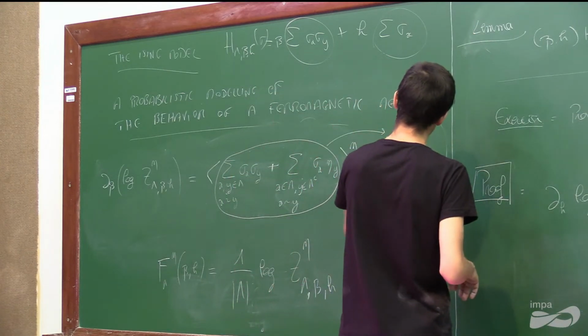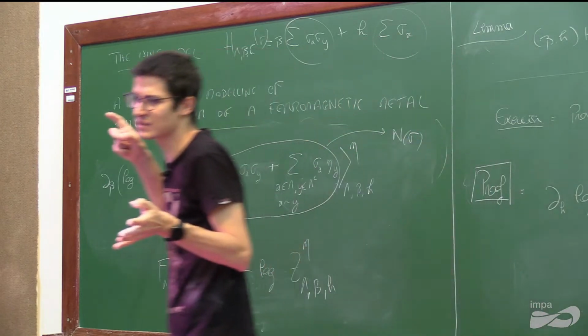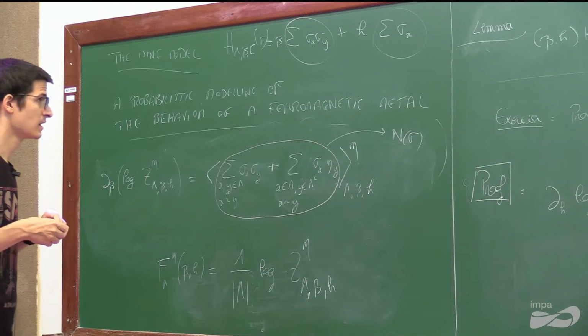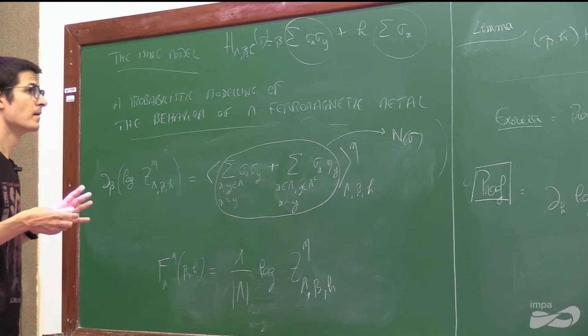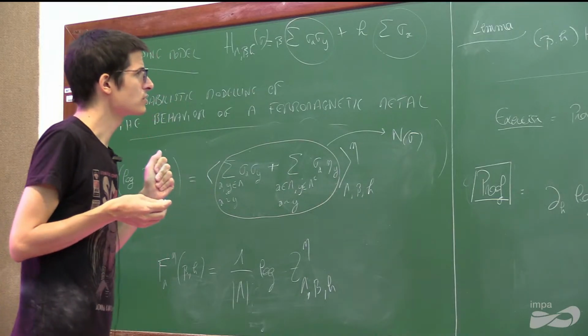If you call it n of sigma, the first derivative gives you the expectation of n of sigma, and the second derivative will give you the variance of n of sigma, for exactly the same reason. It's exactly the same computation. So for these reasons, these things are positive.